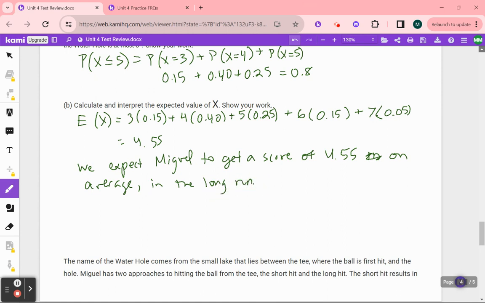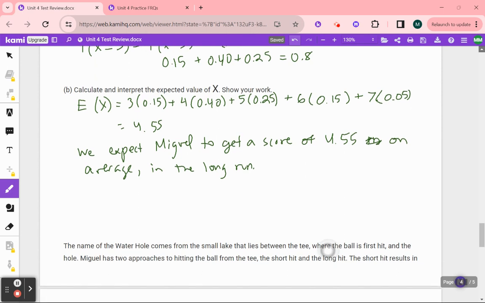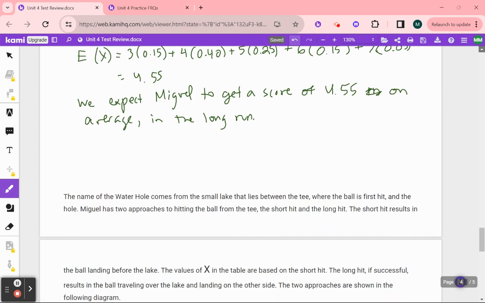Or you could also say, if he plays the hole many, many times, we expect him to get an average score of 4.55 on this hole.